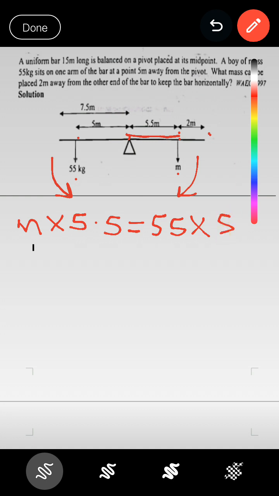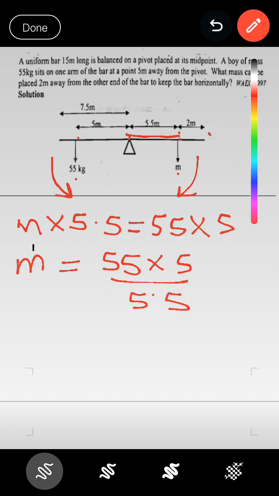So we have M is equal to 55 times 5 all over 5.5. So 5.5 here is 1, 5.5 here is 10.